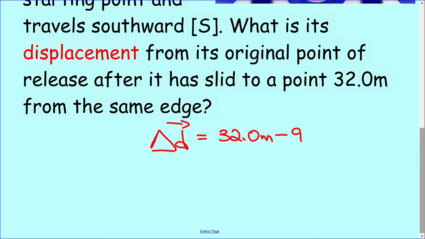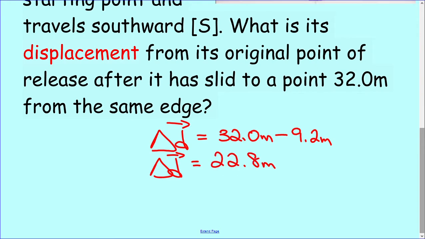And so our change in displacement here is 22.8 meters. Now this also needs a direction, so it's 22.8 meters heading south. So we can show displacement and we can calculate displacement as well, just using some common reference points.